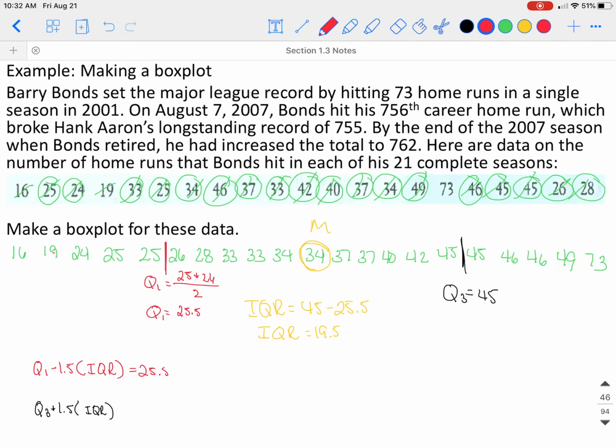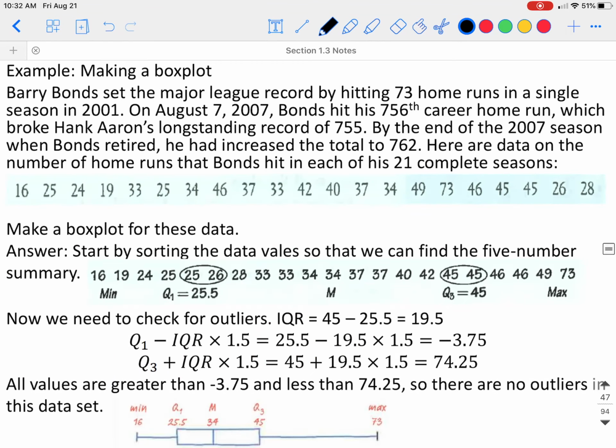Now, our Q1 is 25.5 minus 1.5 times our IQR of 19.5. And our Q3 is 45 plus 1.5 times our IQR.